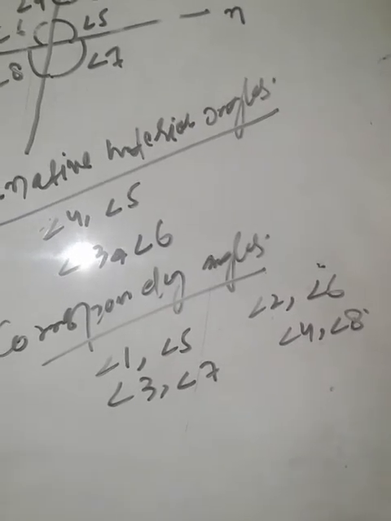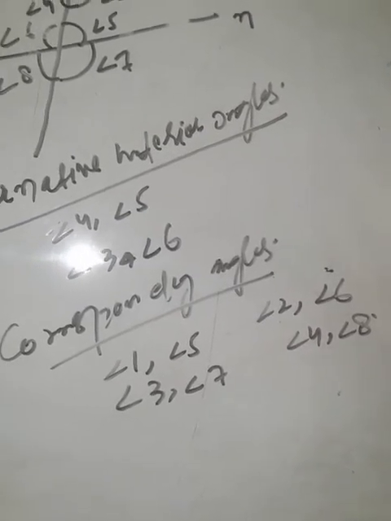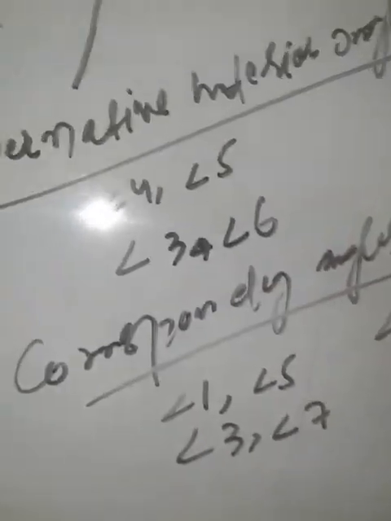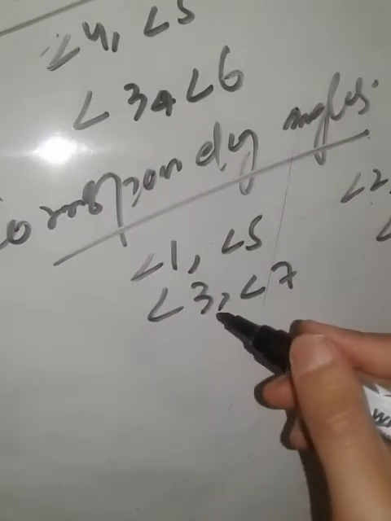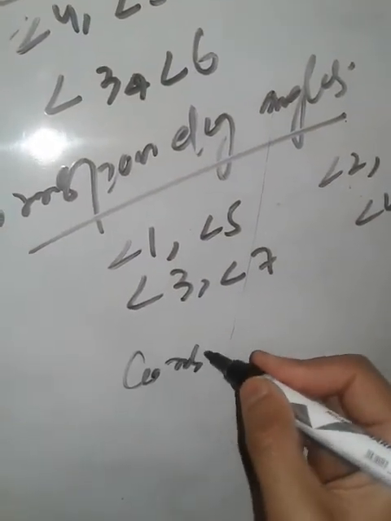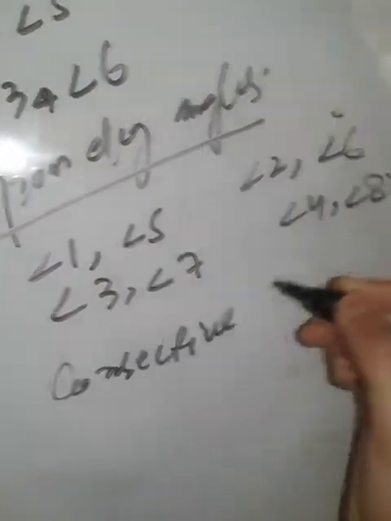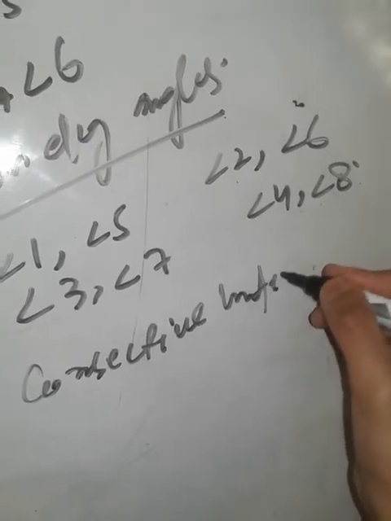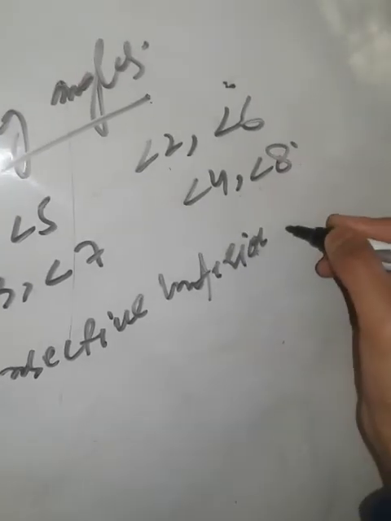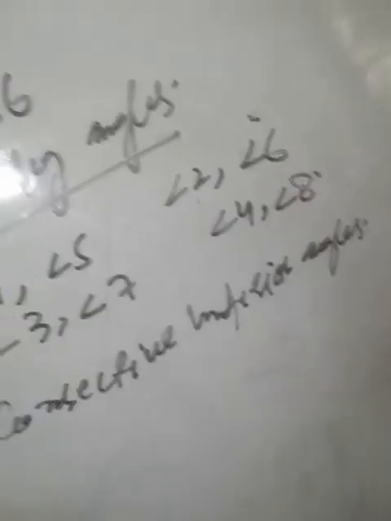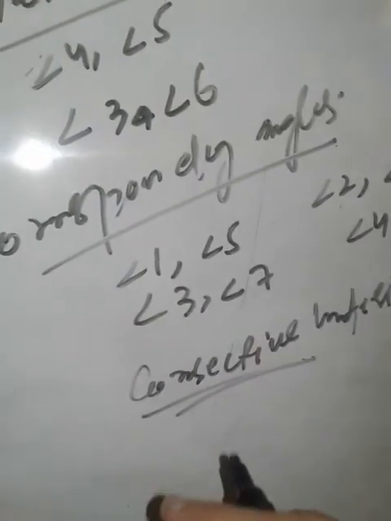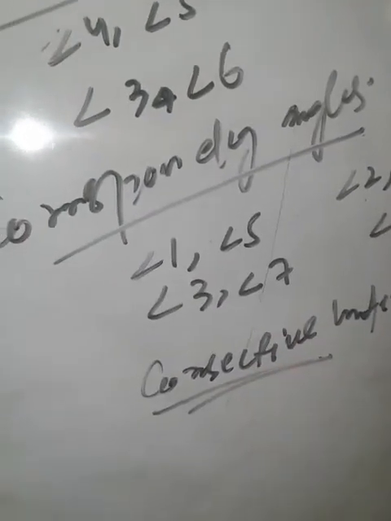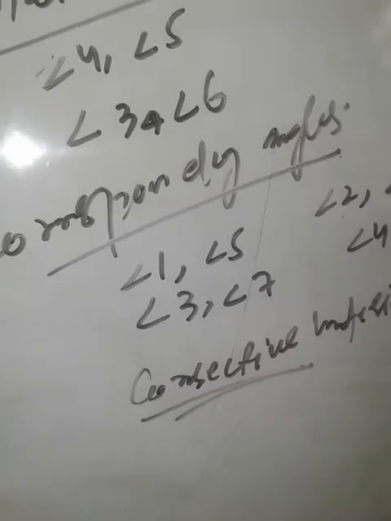Another pair of angles is consecutive interior angles. What do you mean by consecutive? One after another.